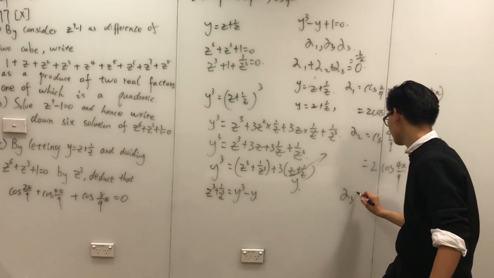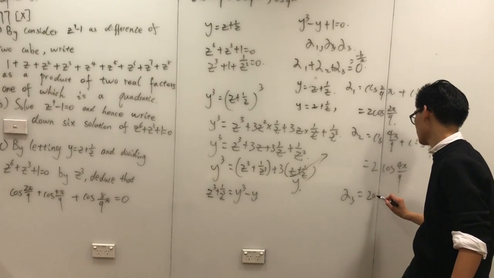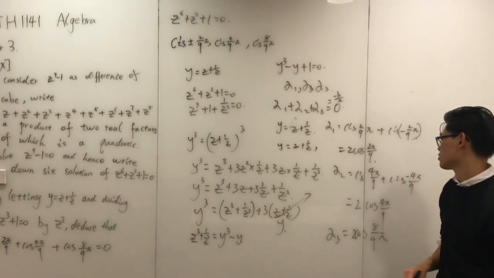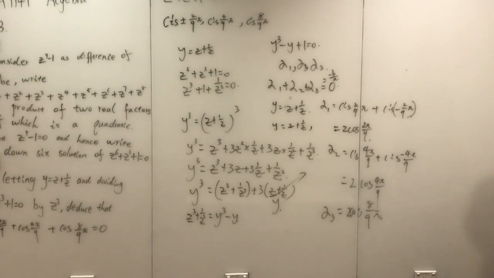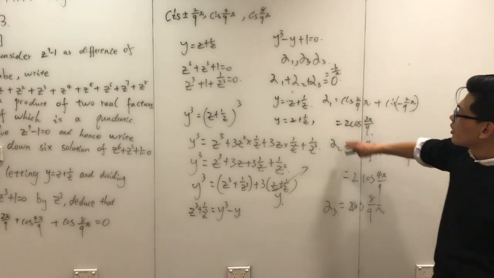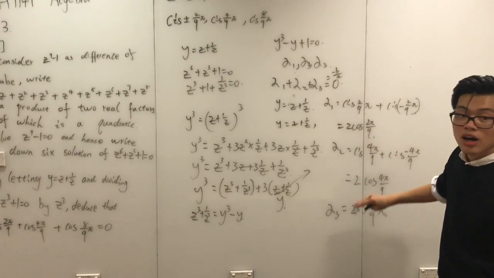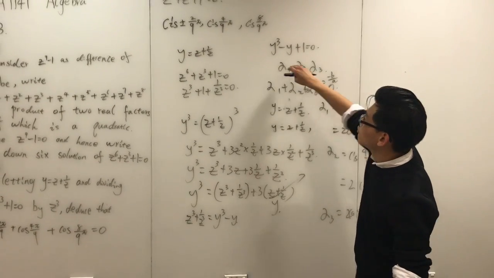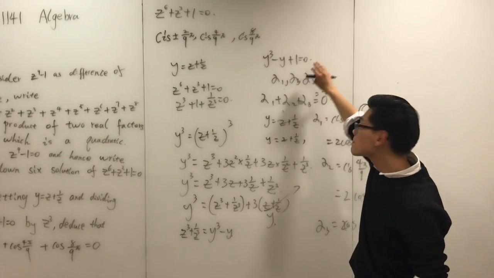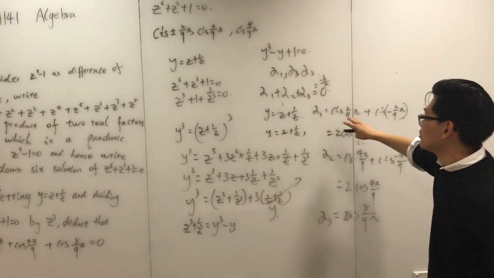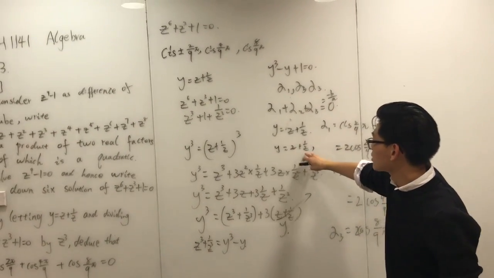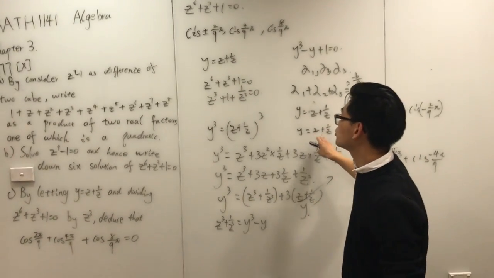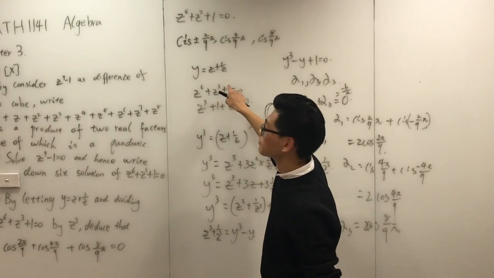And alpha 3 equals, I think you guys should all know, 2 cos 8π/9. So we find the 3 roots, alpha 1, alpha 2, alpha 3, which are 3 roots of y cubed minus 3y plus 1. And these roots are from z plus 1 over z, where z is a root of z^6 plus z^3 plus 1.